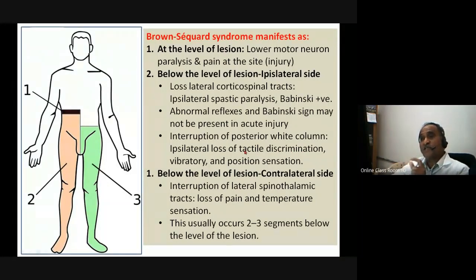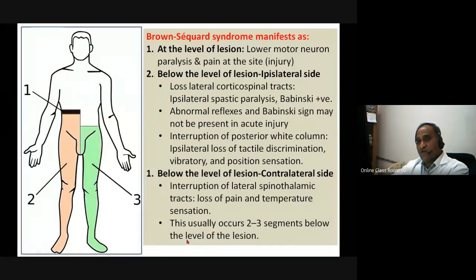These discriminatory tactile sensations are vibratory sense, tactile localization, tactile discrimination, and so on. They are lost. The sensations carried by the posterior column are lost below the level of the lesion on the ipsilateral side.